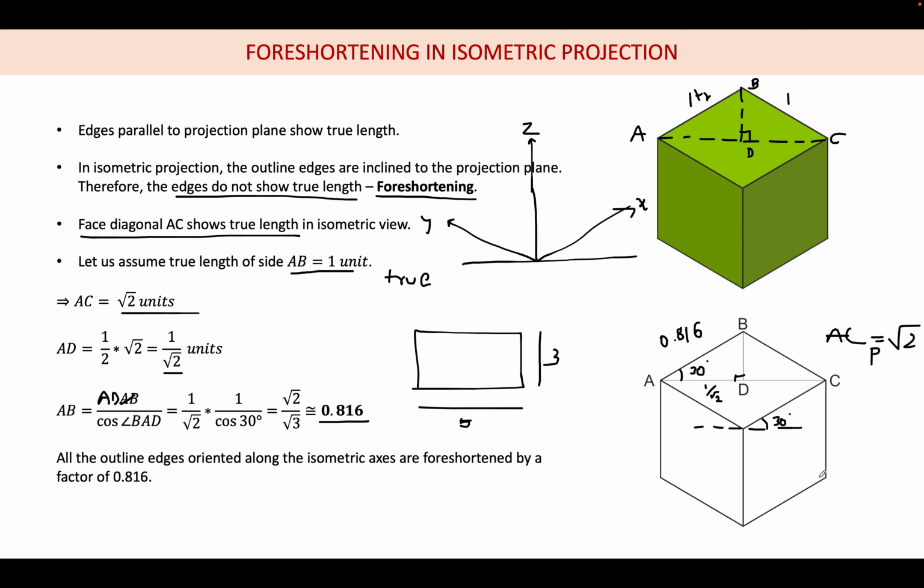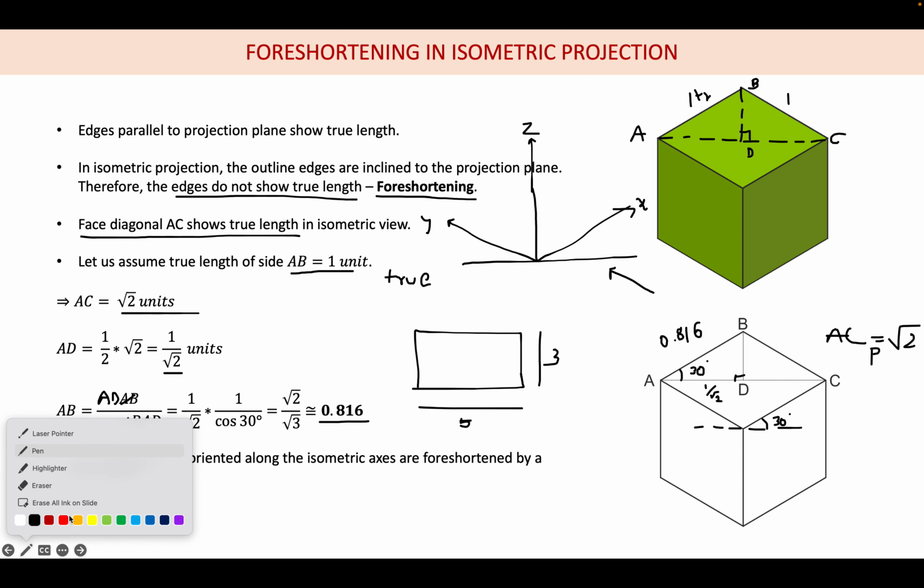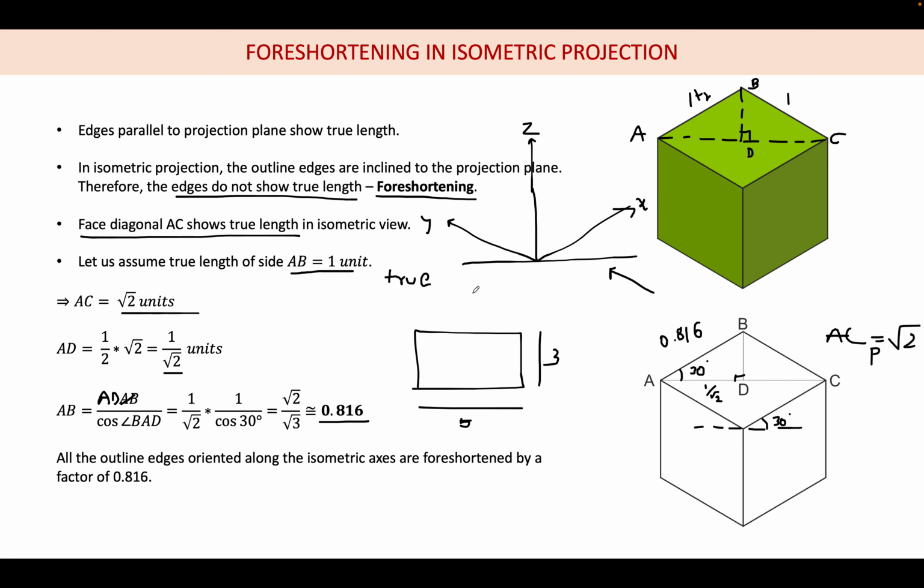So let us say that I am using the first configuration and I am viewing the rectangle like this. So x and z will be my axes. Let us say I am using some other color. When I am drawing the rectangle, I draw like this. So this will be 30 degree.